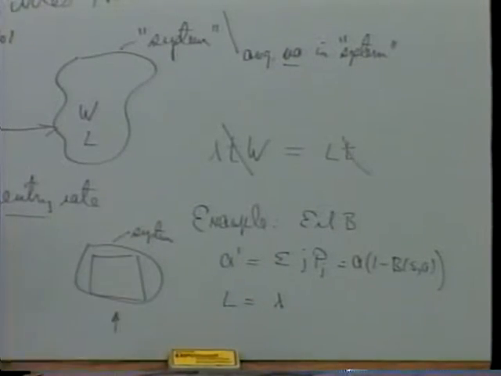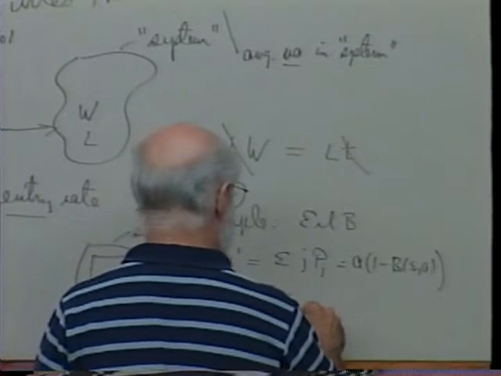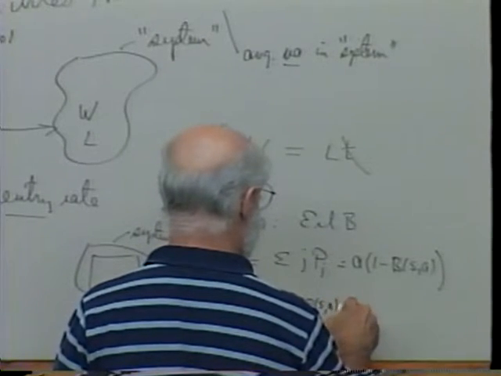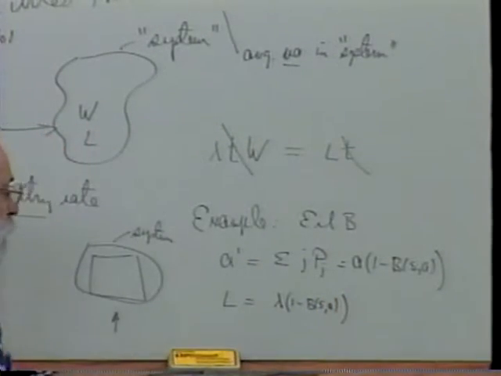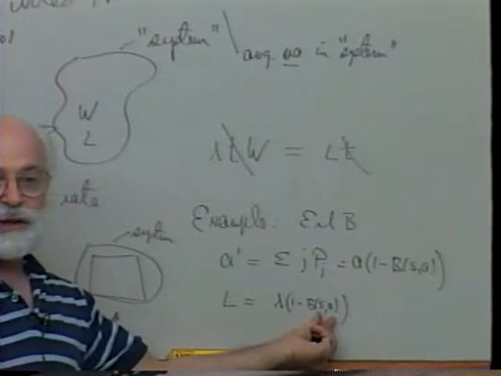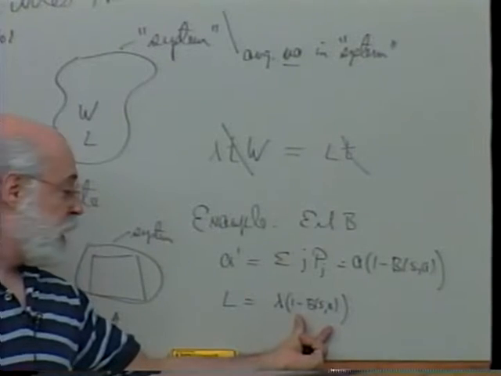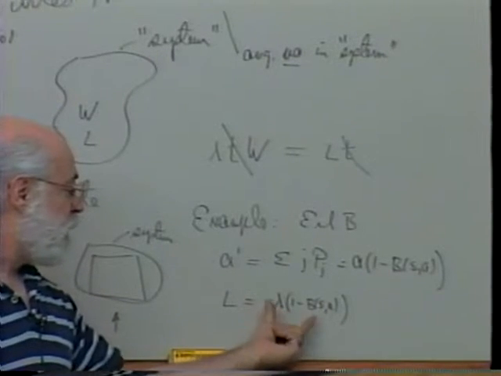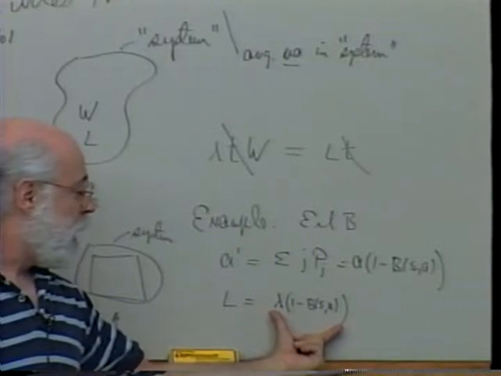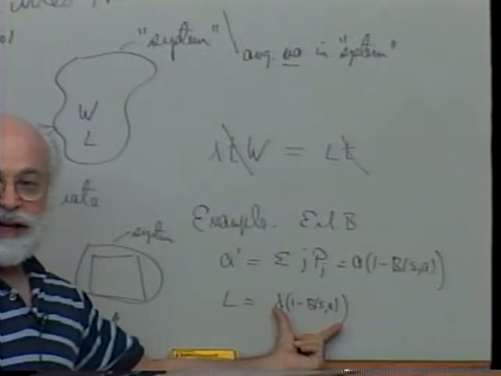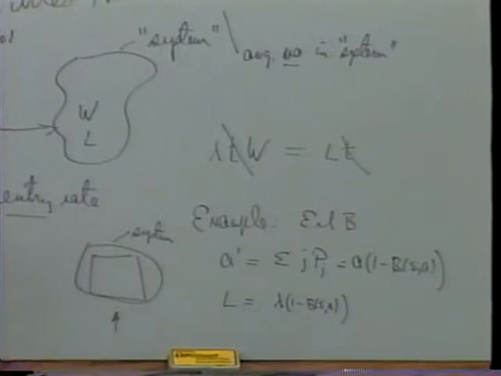And then of those, a certain fraction of them actually enter, and the others are blocked and lost. So the Erlang B is the fraction that are lost. So 1 minus the Erlang B is the fraction that enter. So the arrival rate lambda times the probability that they actually enter the system is the rate at which they actually enter the system.